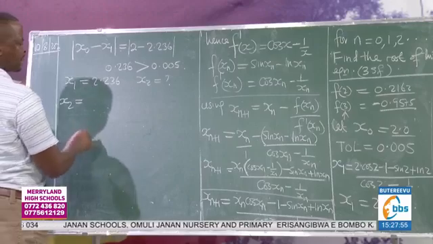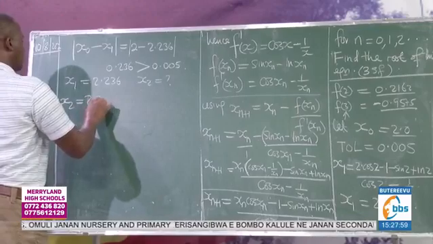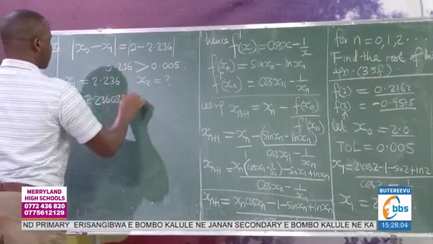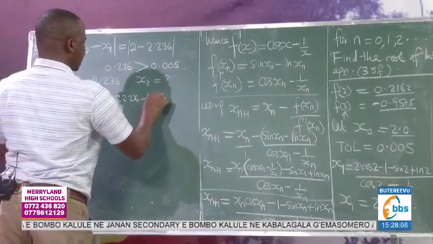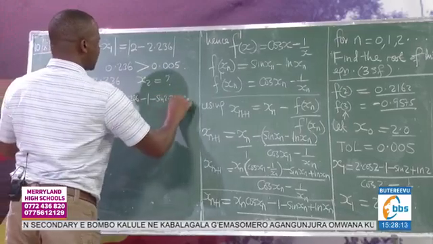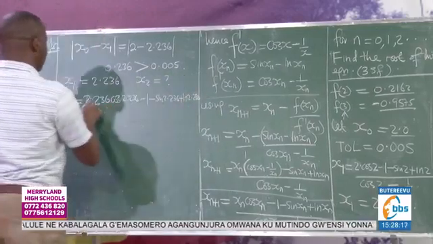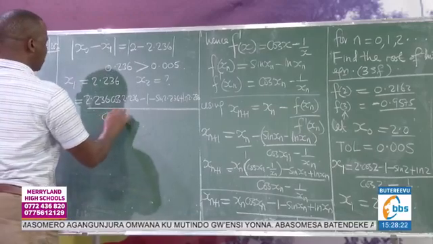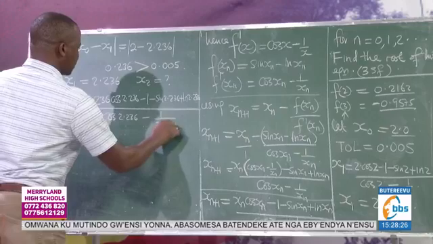Our x2 will become, substitute here again, 2.236 times the cos of 2.236 minus 1 minus the sine of 2.236 plus the ln of 2.236, all over the cos of 2.236 minus 1 over 2.236.